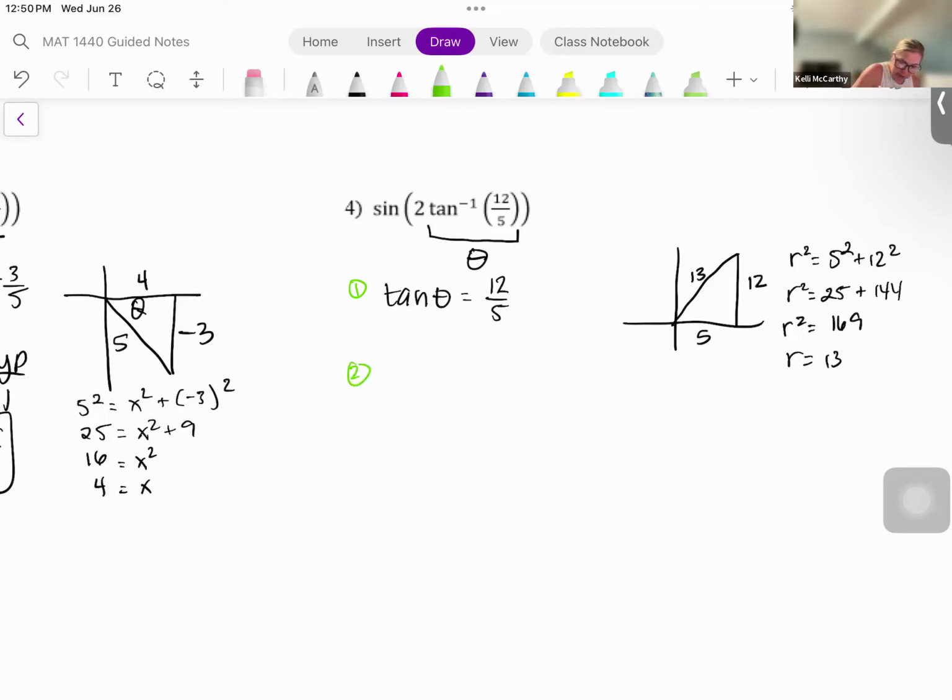So step 2, we are looking for sine of 2 theta. Here's where we bring back those double angle formulas we learned in a previous video. Sine of 2 theta is equal to 2 sine of theta times cosine of theta. From our triangle, we can see that sine of theta is 12/13 and cosine of theta is 5/13.